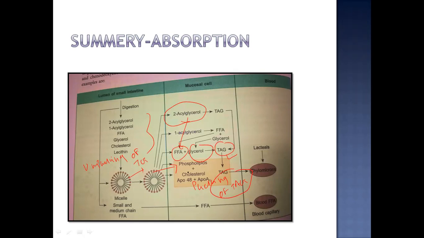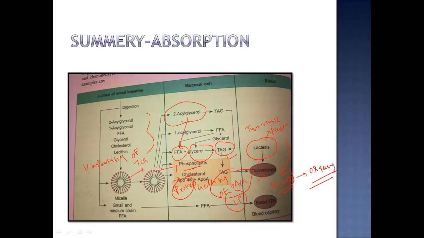This triacylglycerol along with the phospholipids, cholesterol, and ApoA and ApoB48, that is the protein, protein plus lipid will form lipoproteins. That lipoprotein is known as the chylomicron. Chylomicron will take all these lipids into the lacteals, and then the thoracic duct, and from the thoracic duct it will come into the circulation and transport towards the different organs.